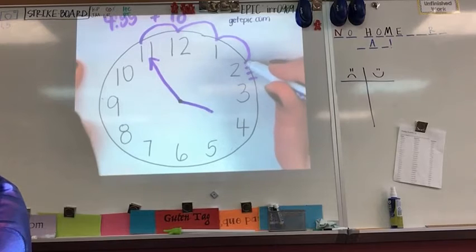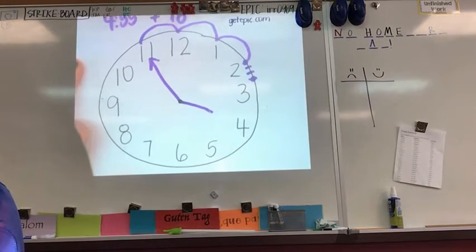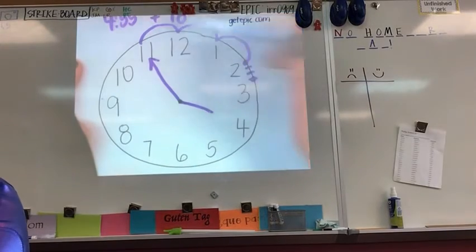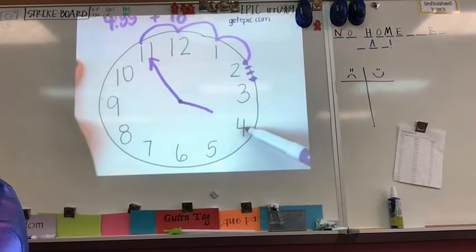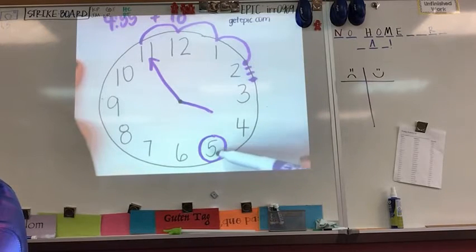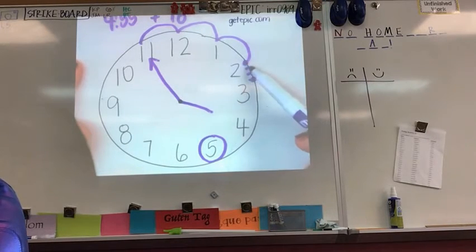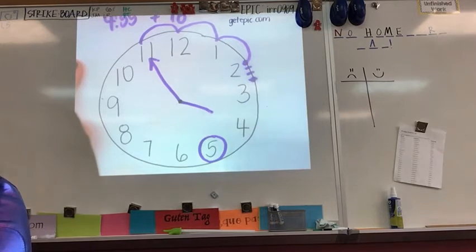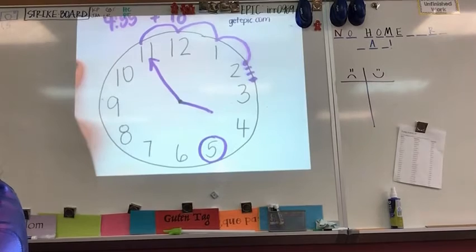What would 3 minutes after the 12 be? So you'd be thinking to yourself, we crossed the 12, we went from the 4 o'clock hour to the 5 o'clock hour. So it would be 5, 10, 11, 12, 13. That end time would be 5:13 p.m.